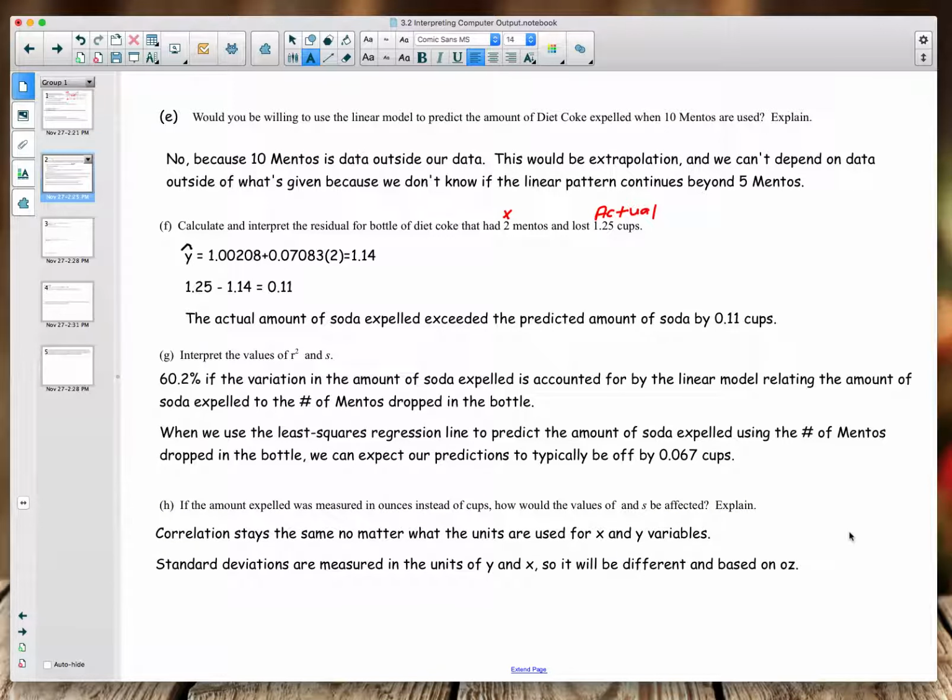Since we're going from cups to ounces, you're going from a larger unit to a smaller unit, so we're actually multiplying, and that's going to make your standard deviation larger.